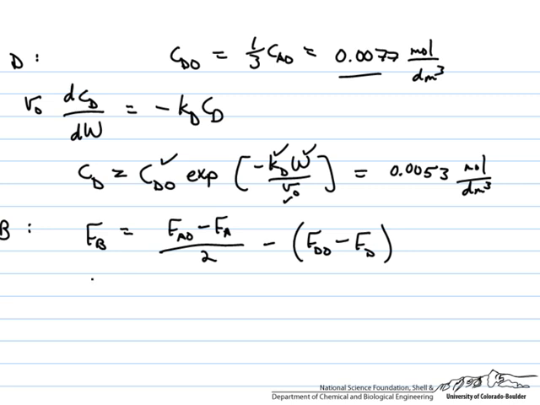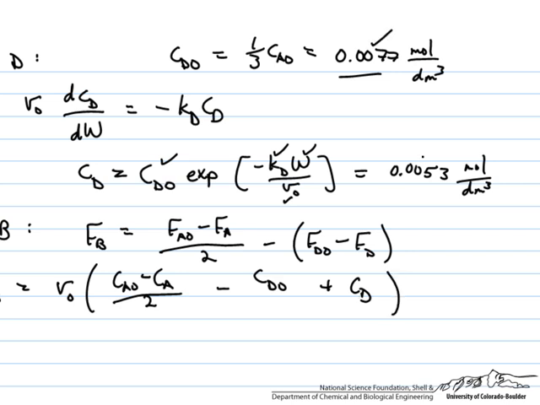Now it's a matter of simply rearranging some of our variables. We've been working in terms of concentrations, and we know the volumetric flow rate, so we can express this as the volumetric flow rate times (CA naught minus CA)/2 minus CD naught. We'll carry the negative sign through, plus CD.